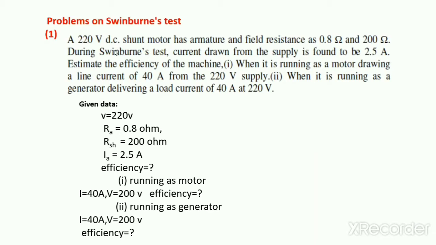What are the main advantages of the Swinburne's test? It consumes less power. Why? Because without applying the load, we are determining the efficiency. We just switch on the supply, the motor attains the rated speed, and we note down the readings.